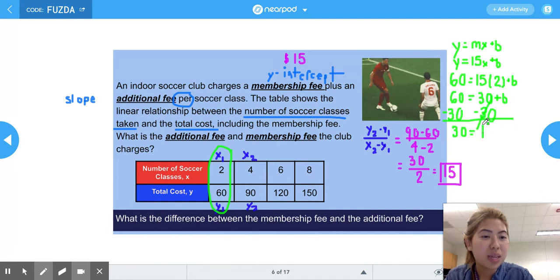So then I have b is equal to 30. So b is my y-intercept. I was mistaken earlier: the y-intercept, the membership fee, is $30, and the additional fee, what we found first, is the $15.